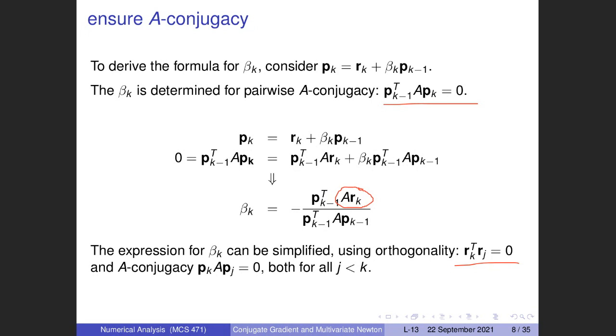You also now recognize the condition that we used to minimize. So we were minimizing the norm of E, and that was E transpose times A times E. So that's the square of this special norm.